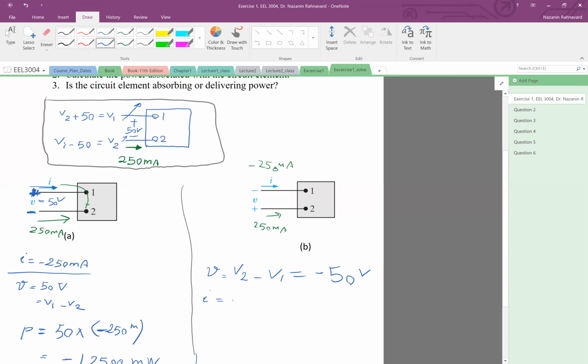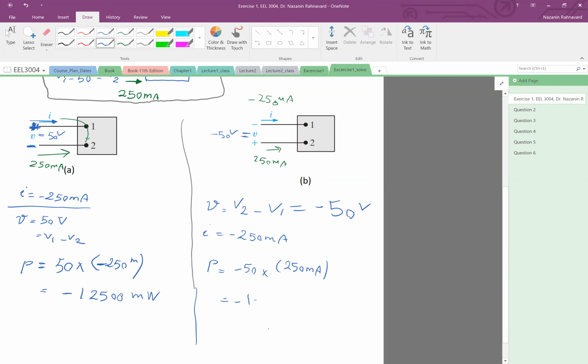So the I is still negative 250 milliamp, and the P equals V. Let's look at the positive V, which is negative 50, from plus to minus, times the current going through the element, which is 250 milliamp. Very good. So it becomes again negative 125 milliwatts.